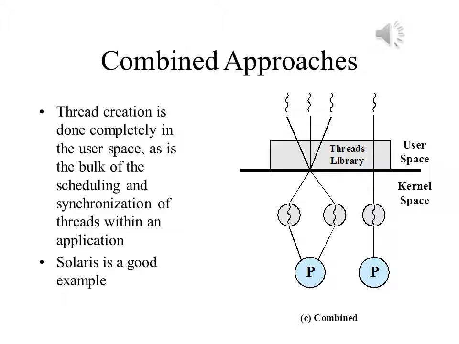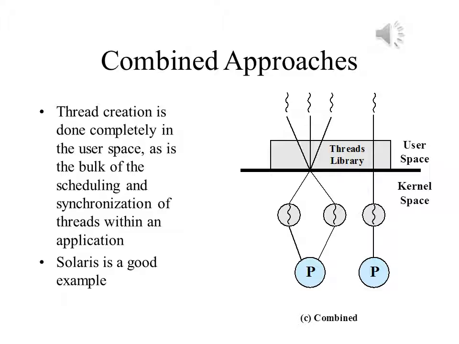In a combined approach, multiple threads within the same application can run in parallel on multiple processors, and a blocking system call need not block the whole process. If properly designed, this approach should combine the advantages of the pure ULT and KLT approaches while minimizing the disadvantages.